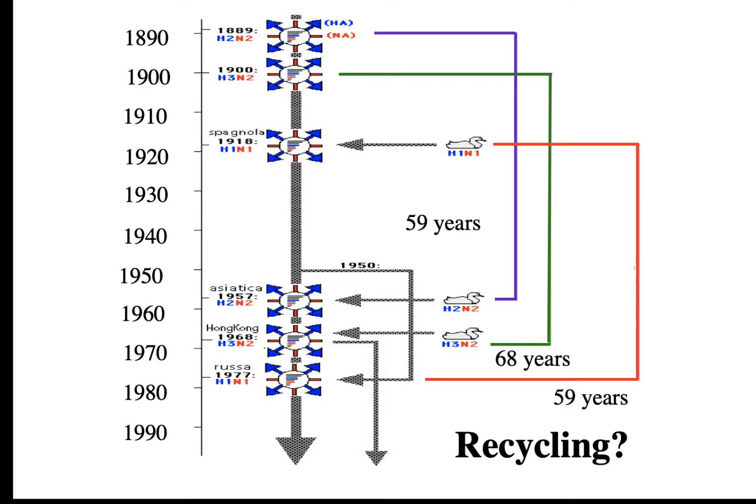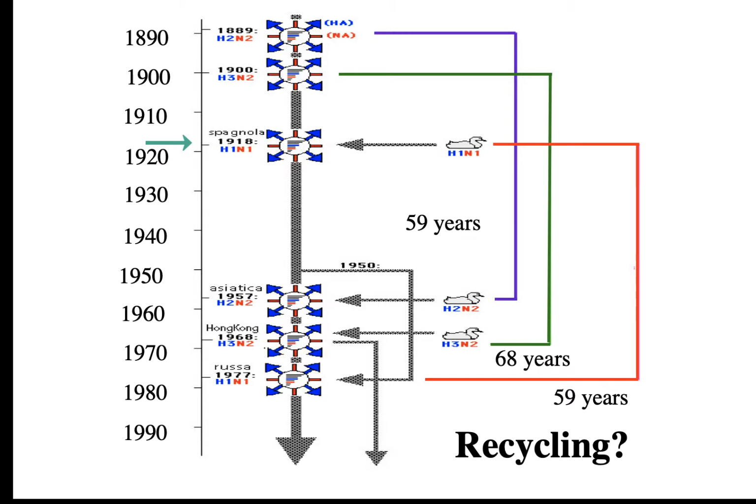In the past, it had been noted that strains of influenza tend to recur over a certain number of years, usually corresponding to a time when there's no longer herd immunity in the human population. So in 1977, there was a Russian influenza that looked very similar to the 1918 influenza.